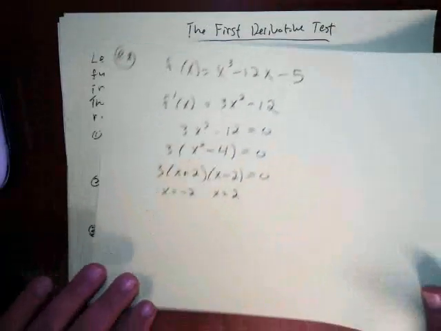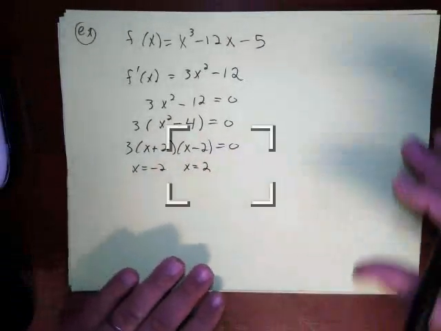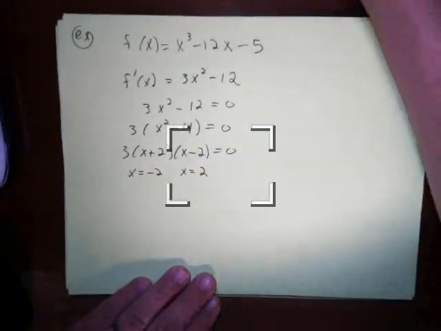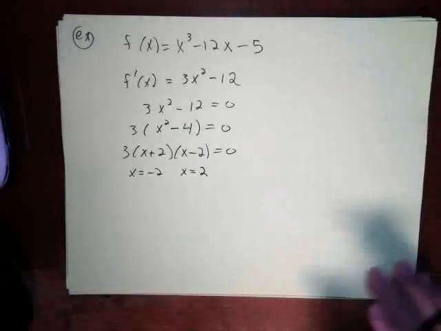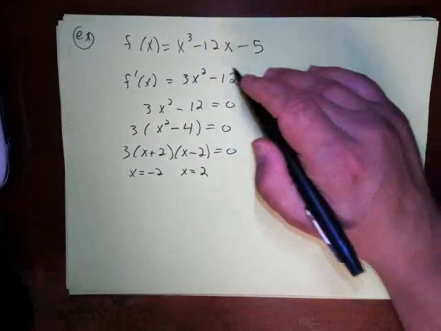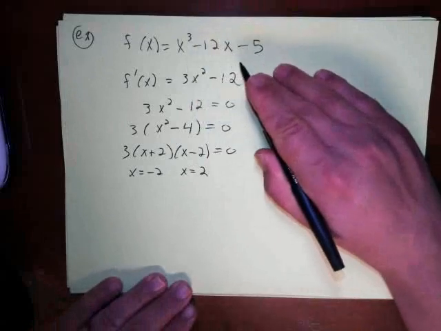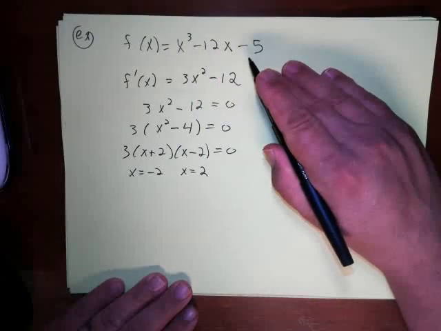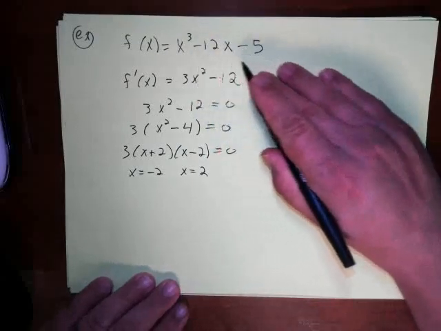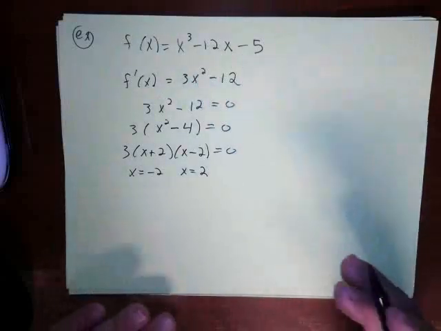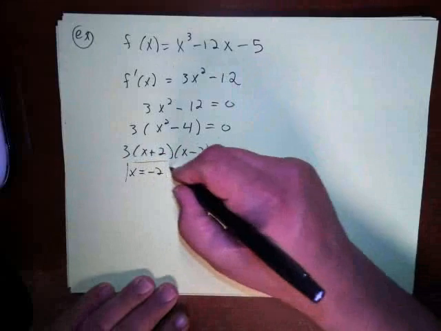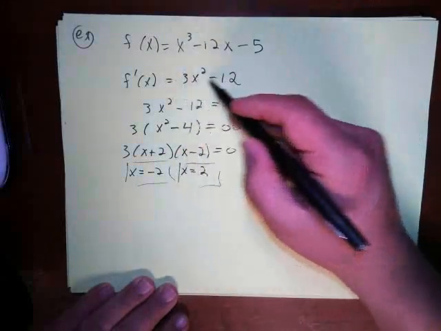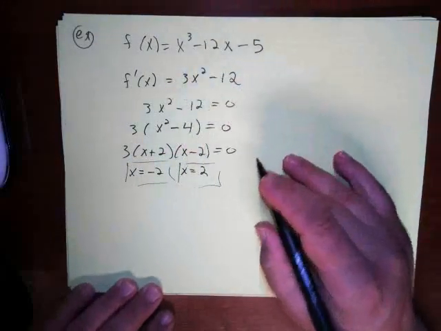What I said in the last video is we're going to illustrate this with the example that we were doing. We wanted to find when this function was increasing and decreasing, and I found the critical points, which is when the derivative is equal to 0.